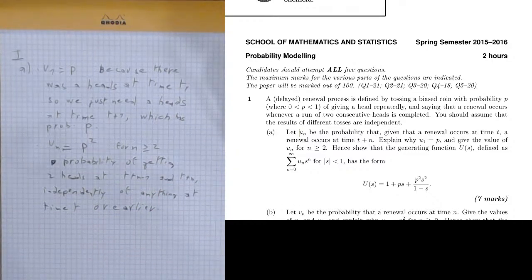What I'm writing doesn't really matter, and you can see it in the solution file. The point is it's p squared because it's the probability of getting two heads in a row, and the thing we're conditioning on doesn't matter because it's too far in the past.